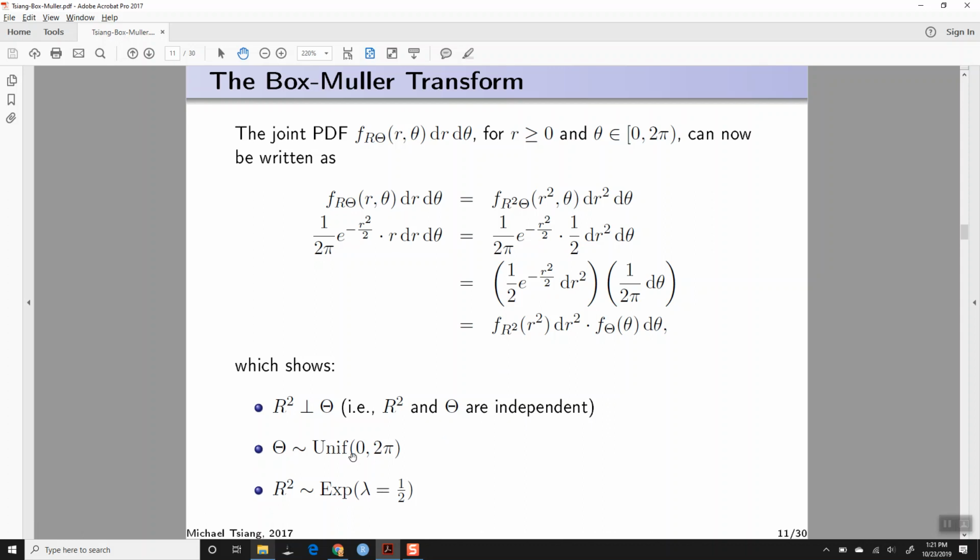Theta is uniformly distributed on the interval 0 to 2 pi, okay? And this also shows that r squared and theta are independent because it's just the product of these two things, okay?